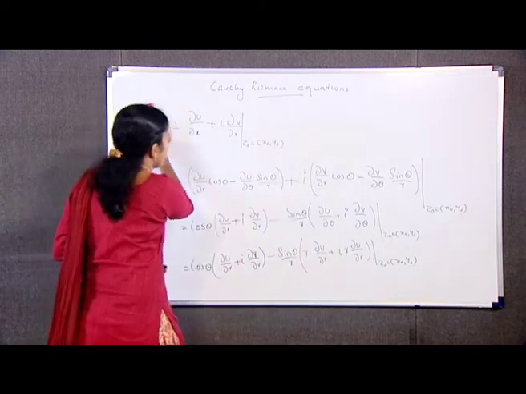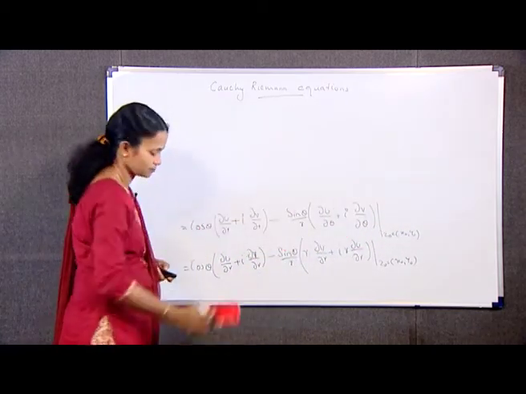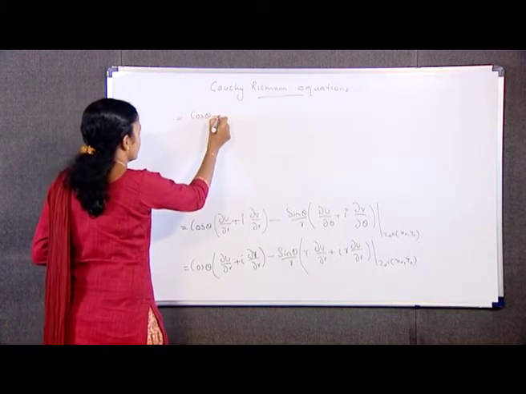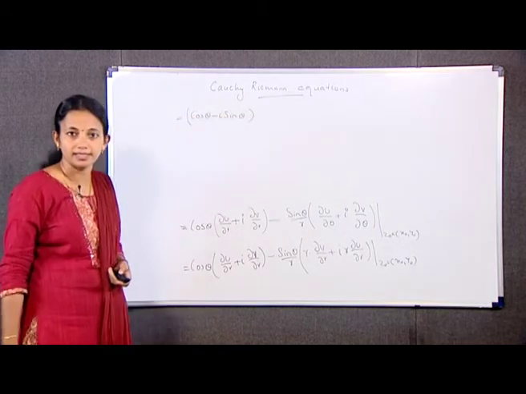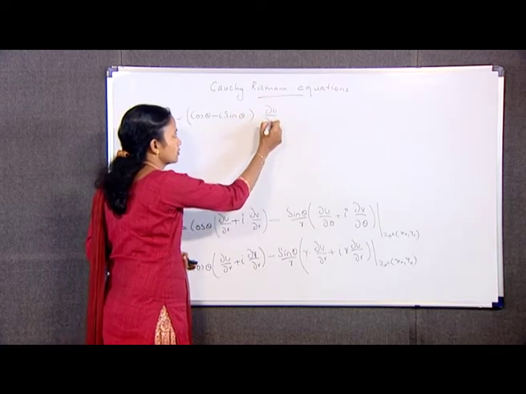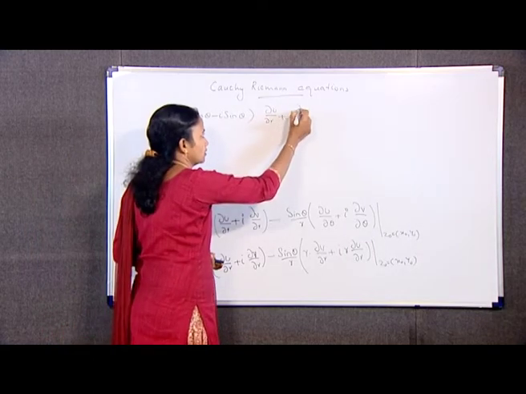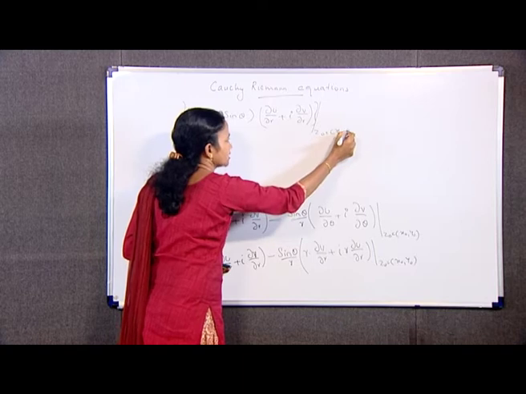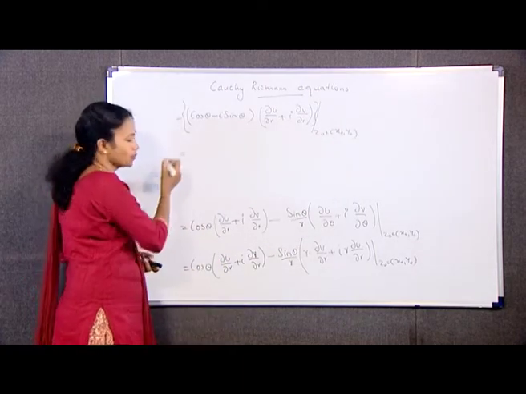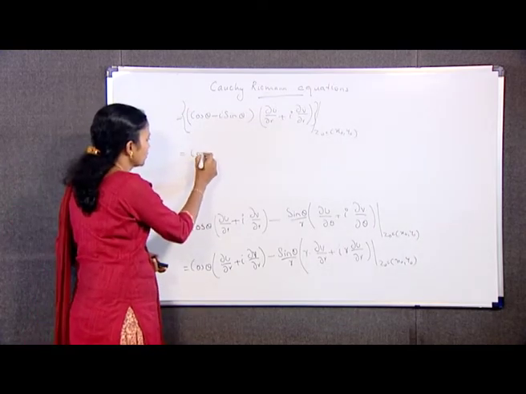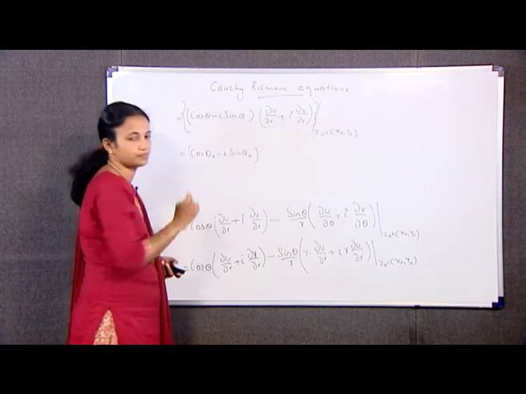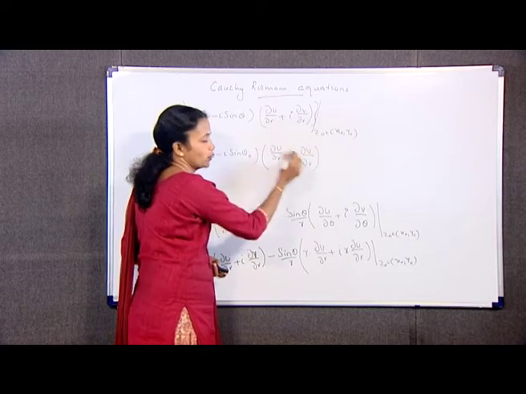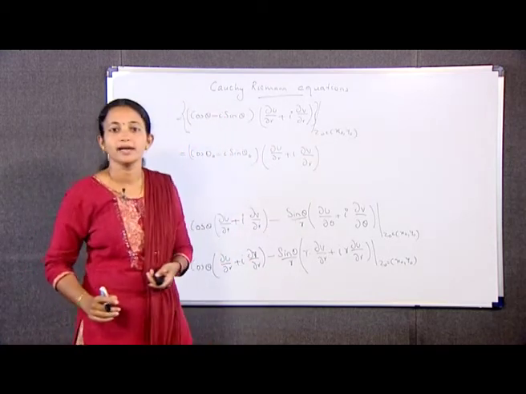This on simplification I can write, this is equal to cos theta minus i sin theta into dou u by dou r plus i into dou v by dou r, at the point z naught is equal to x naught y naught, which is equal to cos theta naught minus i sin theta naught into dou u by dou r plus i into dou v by dou r, at the same point.